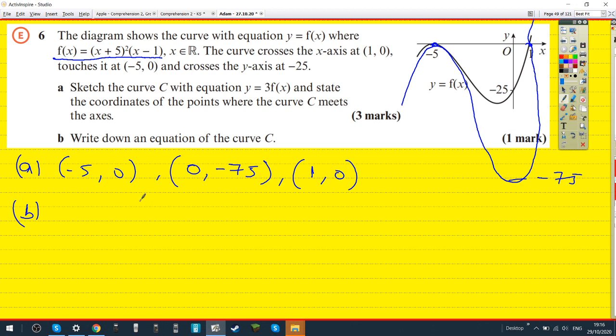Would it be 3f and then all of them in the brackets, like (x plus 5) squared (x minus 1)? Well, the f of x is (x plus 5) squared (x minus 1), and so 3 times f of x is just 3 times that. Okay, yeah. So there's no f or anything.